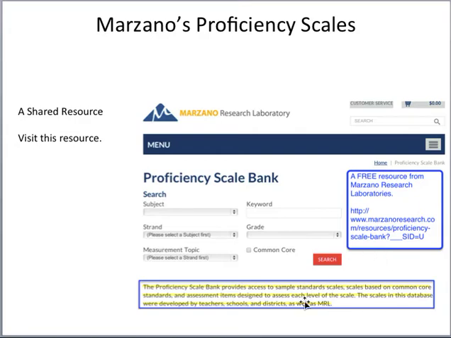And as you can see in this highlighted area that contains standards and Common Core objective assessment items designed to assess levels in the proficiency scale, and they're created by teachers in school districts as well as Marzano's research laboratory.